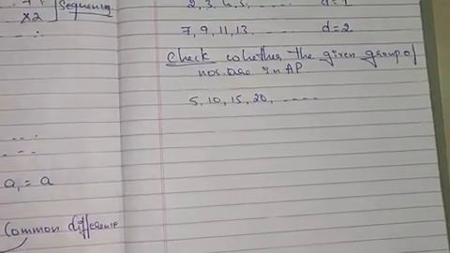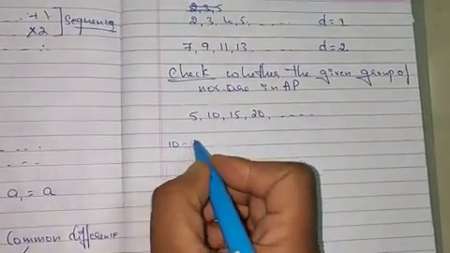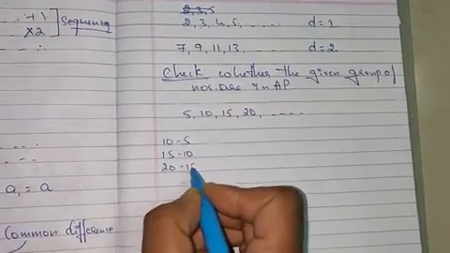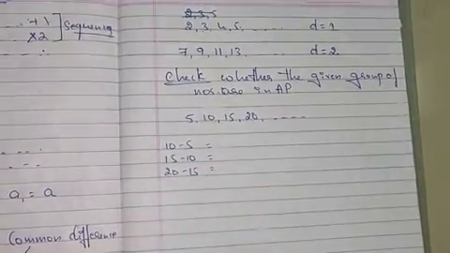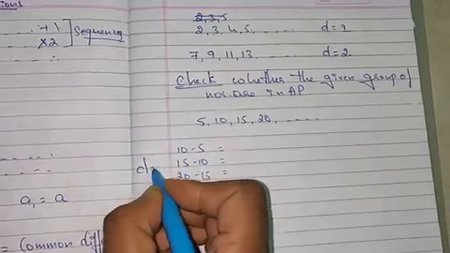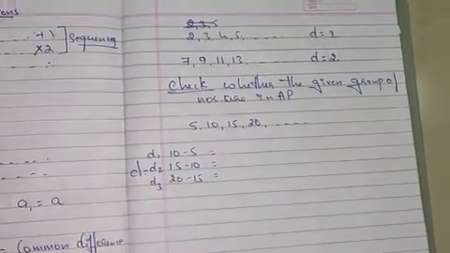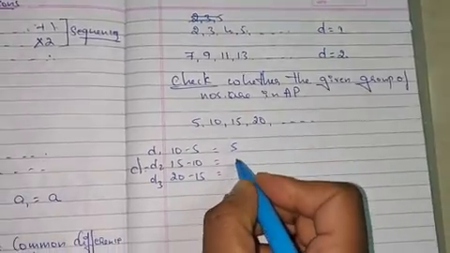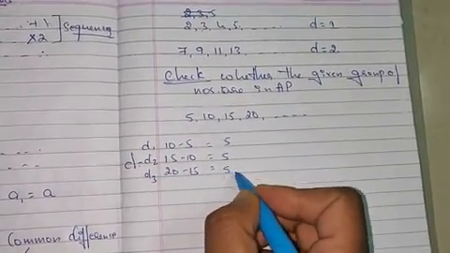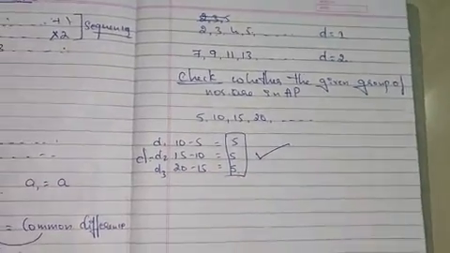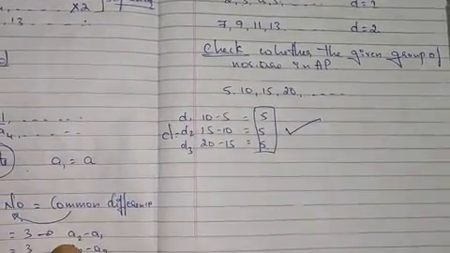To check this, we have to find 10 minus 5, 15 minus 10, 20 minus 15. Of all these, we have to get the same common difference. So here let us take D1, D2, D3. D1 is equal to 5, D2 is equal to 5, D3 is also equal to 5. When we get this, we can write yes, it is in AP.